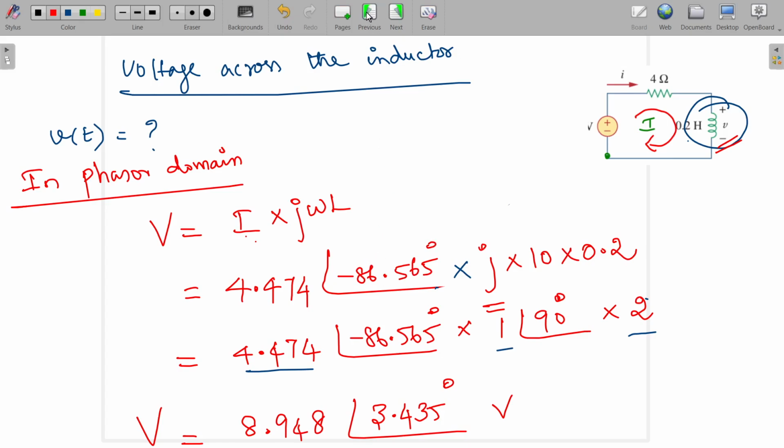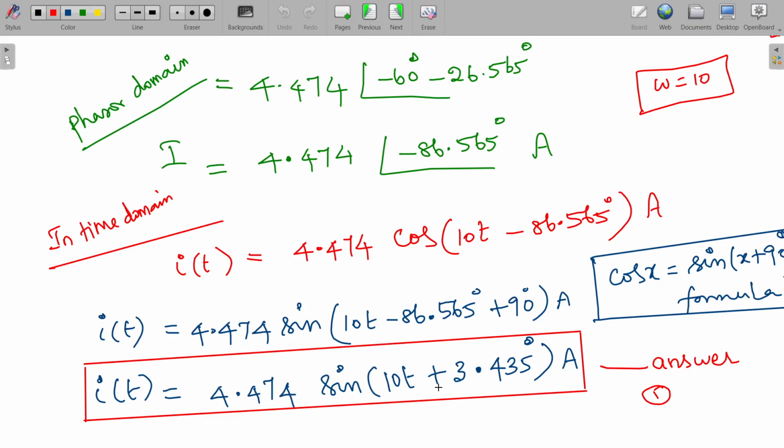You may refer to the previous one, where we got the answer as 3.435 degrees, but we should not refer to this. We have to refer to this one only. Why? Because cosine is the standard form. Whenever you want to convert to the phasor domain, we have to refer to the cosine, not the sine format.